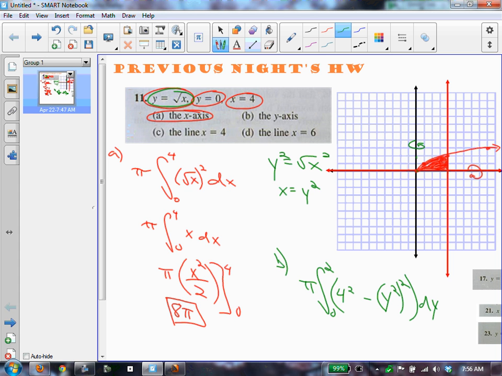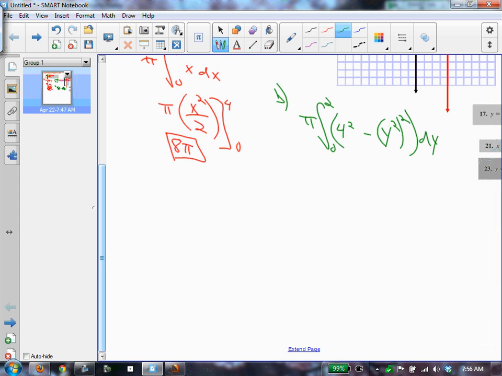We follow that? I never liked the side-to-side ones because, whereas I could usually figure out the top and bottom, my biggest mistake was always leaving it as y equals. But when you go side to side, you have to go x equals. So, 16 minus y to the fourth, dy.